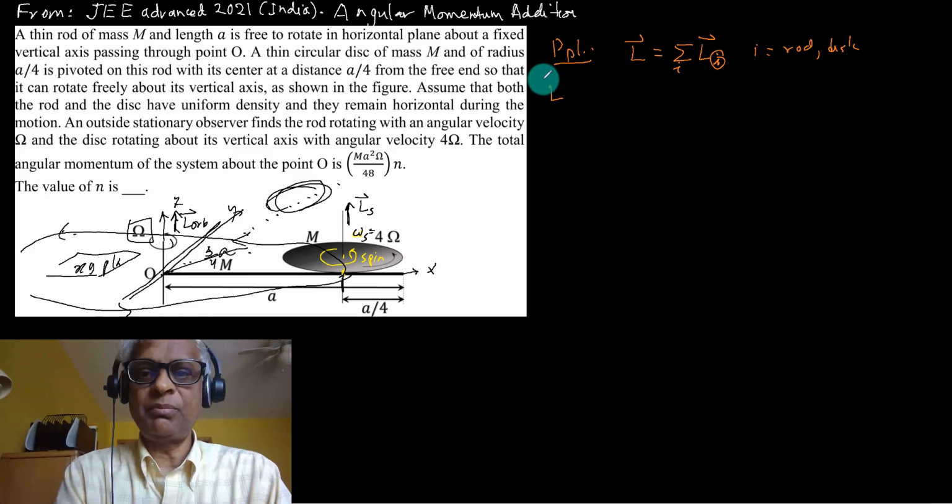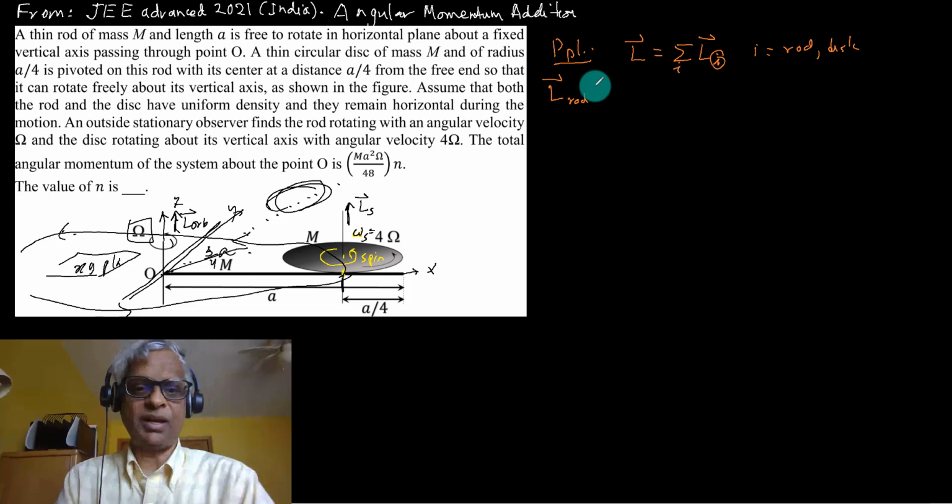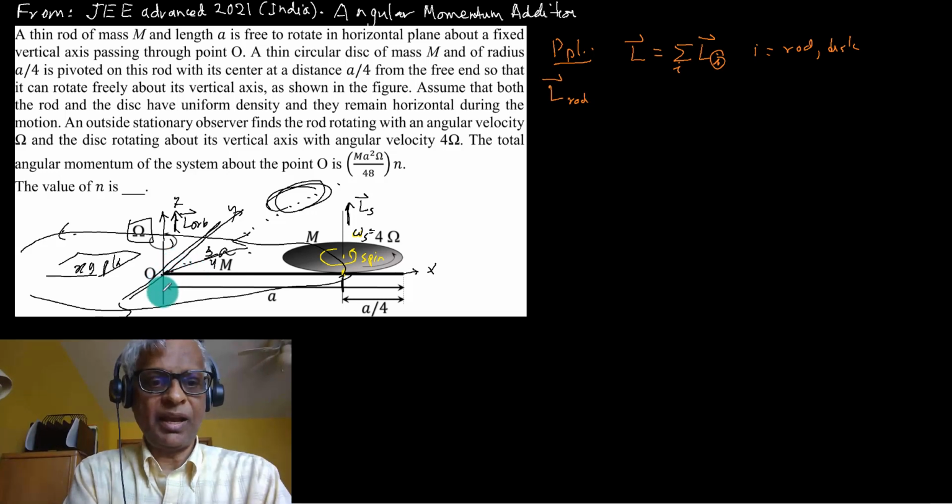The angular momentum of the rod is easy to work out. The axis for the rod is here, and the angular velocity is like this.